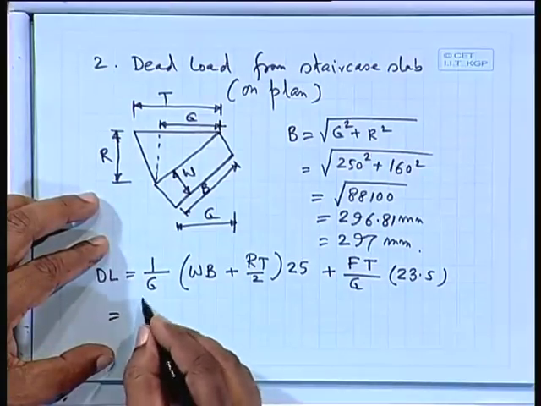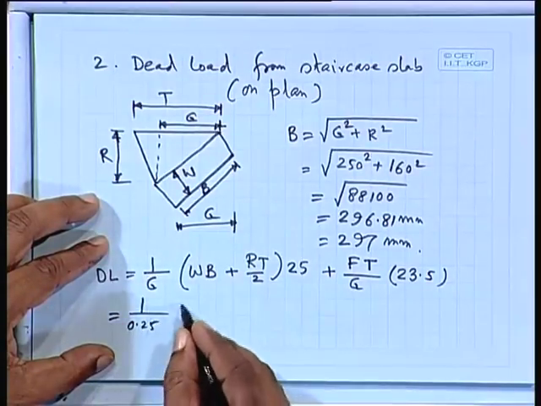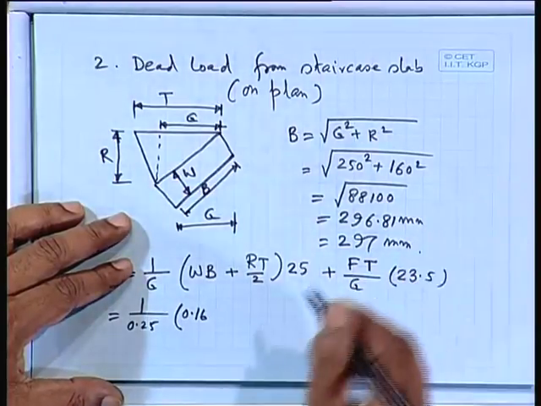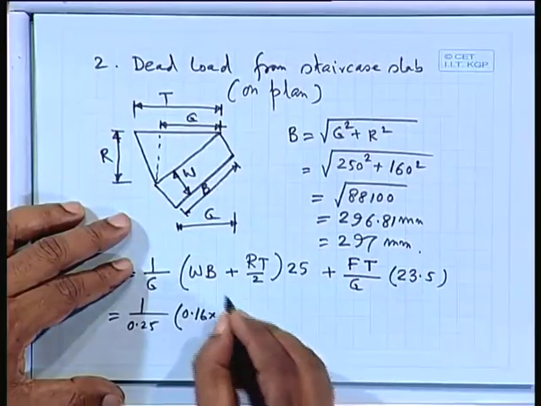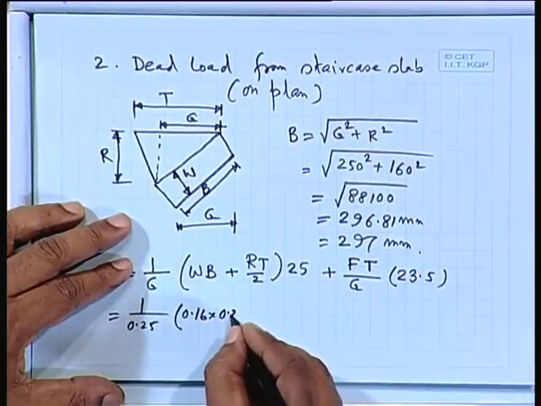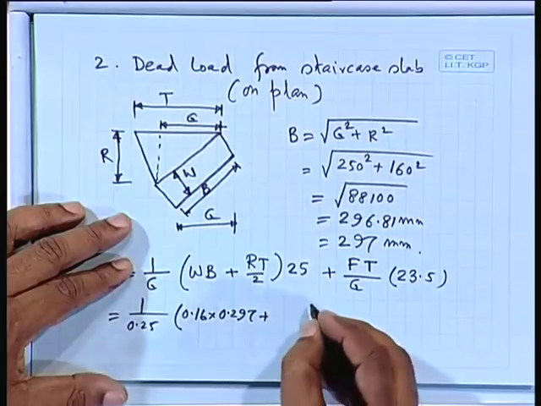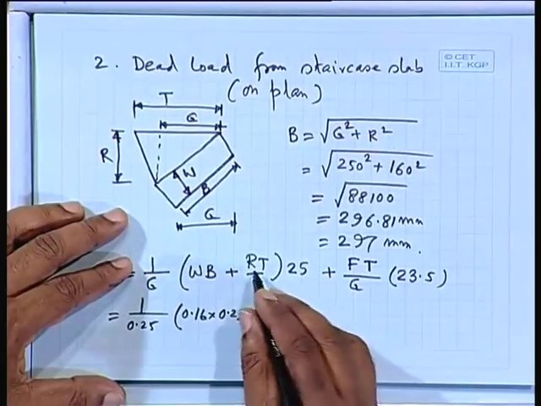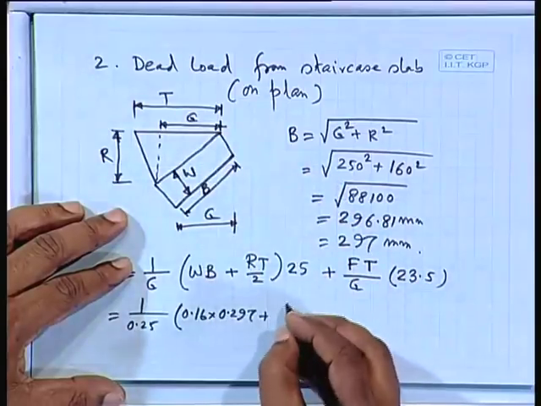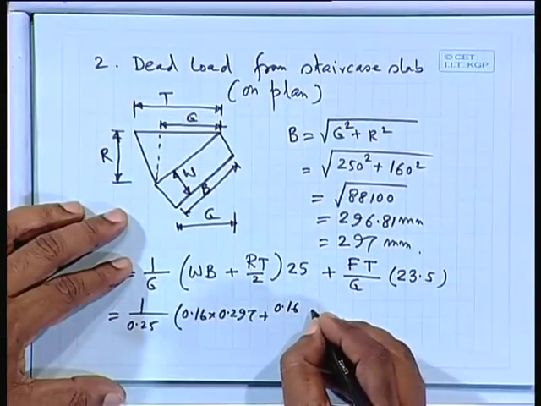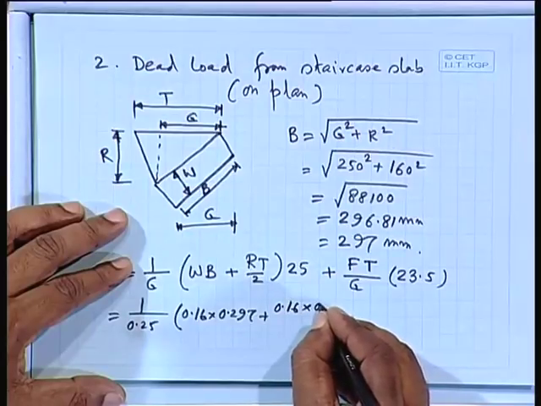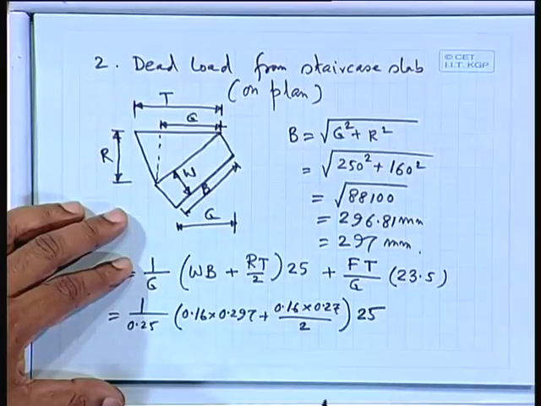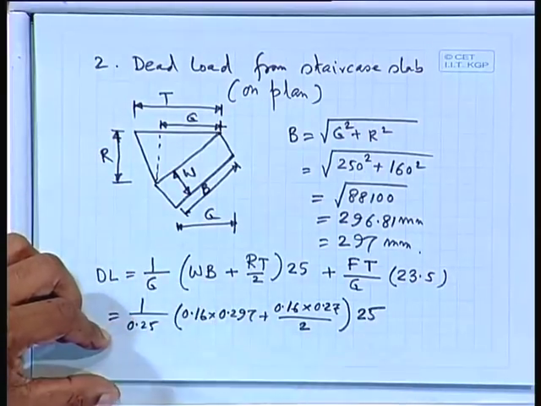So G is 0.25, W is 0.16, that we have got, 160 millimeter, times B, we have got 297, R, the rise 160 millimeter, so 0.16 times T is 270 millimeter, 0.27 by 2 times 25. Okay, so we are putting all the values here.